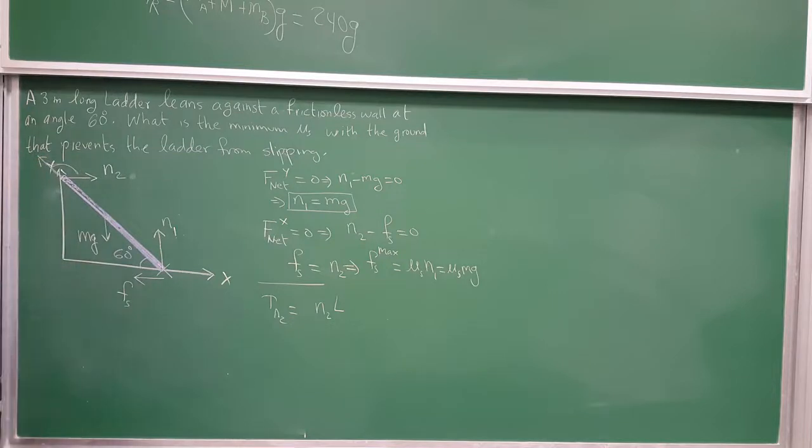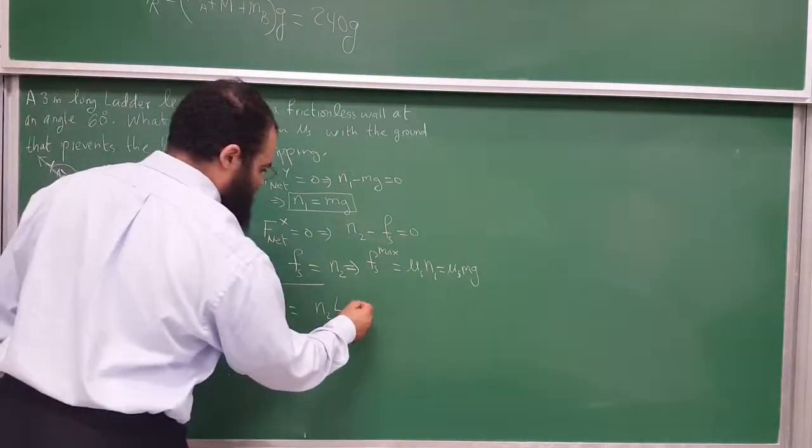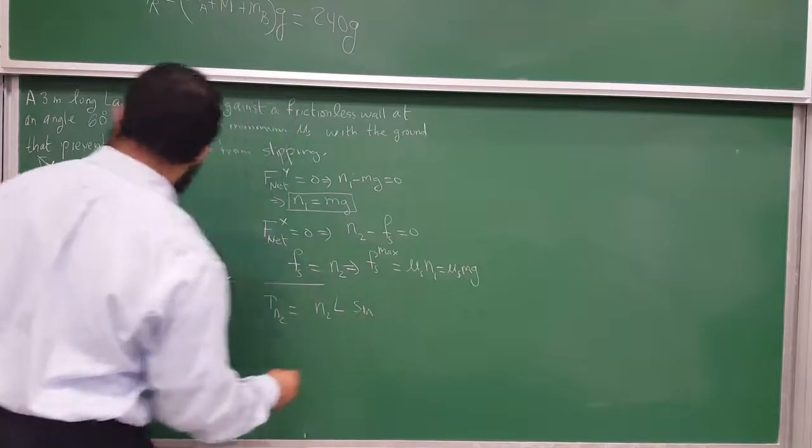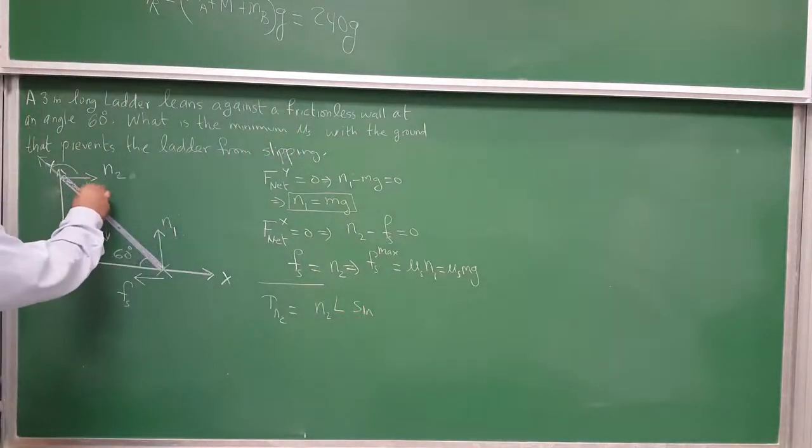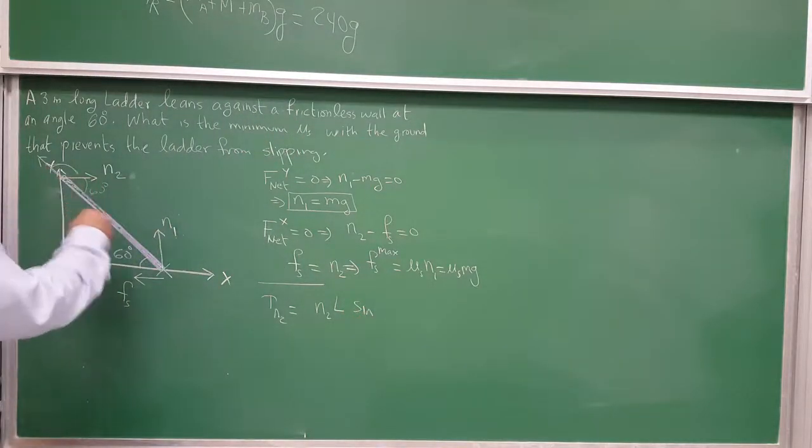So what's that angle? Well, if this is 60, this is 60, so this is 120. And the sine of 120 will be the same as the sine of 60. Let me make sure it's 120. Yeah, this is 60, 180, yeah, 120.